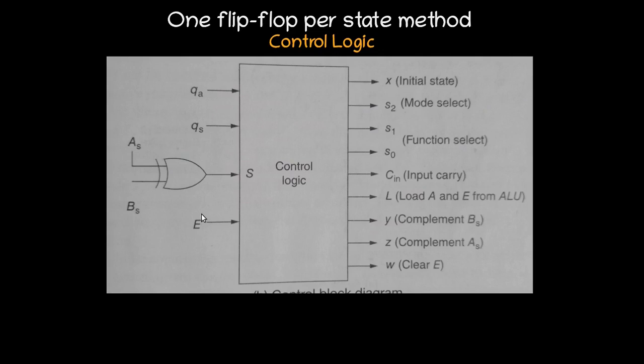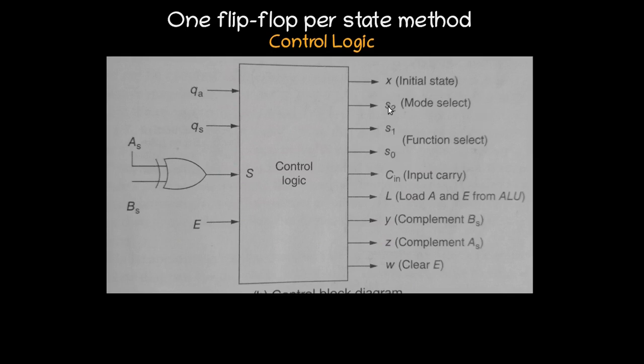Then AS and BS, these are the sign bits of the A register and B register. They are XORed here to form a new signal S for simplicity. If both have the same sign, this will become 0, and if they have different signs, this will become 1. Then this X corresponds to an output to the external circuit, the operation terminated or completed.